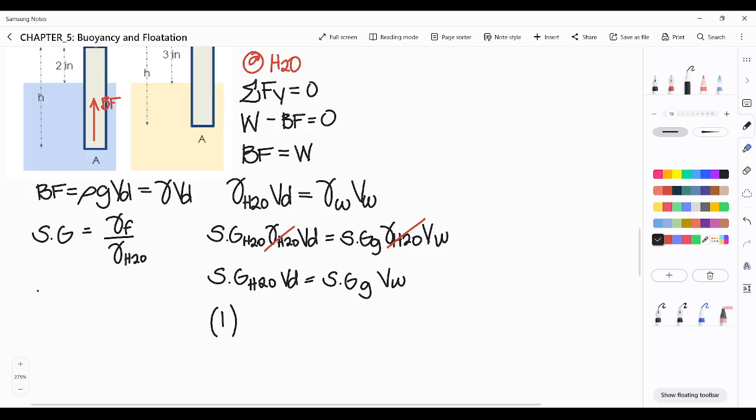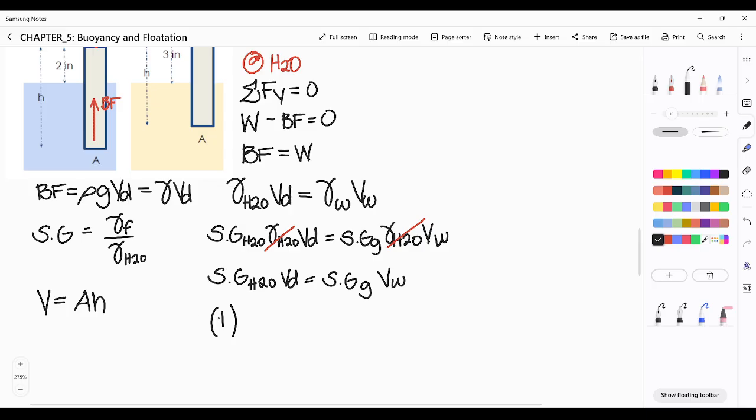Volume, we all know that the volume is equal to area times another parameter for length, width, or height. For this situation, we could write height.